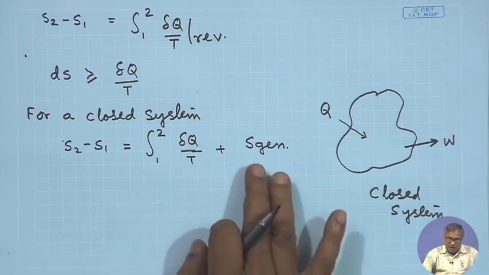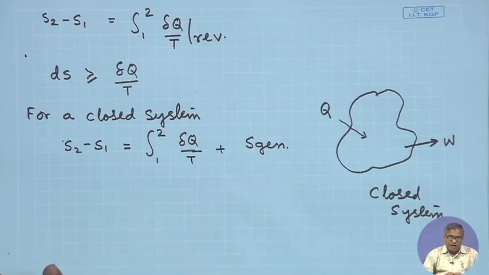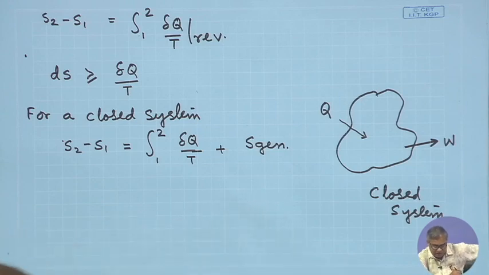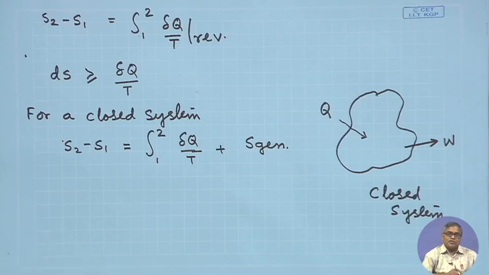So, here you see one new term has been introduced, that is called S generated, entropy generated. It is like this: the process we are considering is a general process, that means the process need not be a reversible process, it could be either a reversible process or an irreversible process.